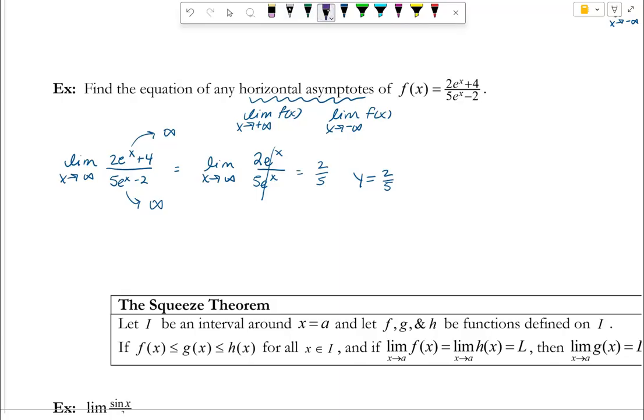All right, we also need to check our limit as we approach negative infinity, so the limit on the left. We have to be really careful with exponential functions, because when I plug in negative infinity, this does not blow up. Remember, e^x is approaching 0.